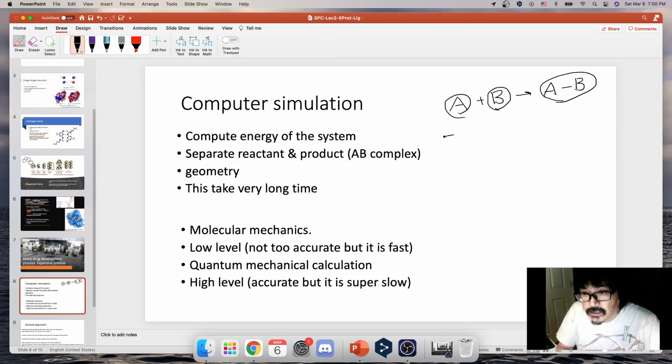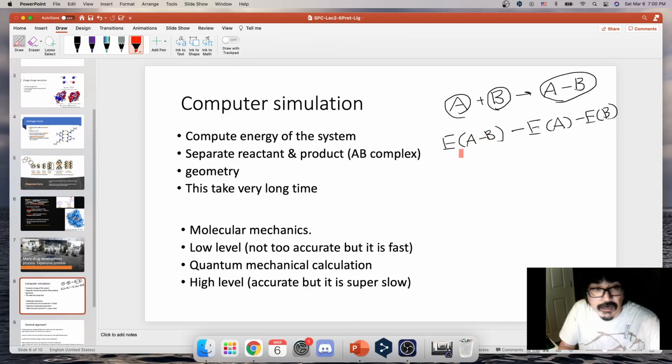If you calculate the energy of the isolated AB complex minus the energy of A minus the energy of B, you can get the binding energy, right? The binding energy of the AB, that difference, should be equal to that portion right here, right? So that way you can calculate the binding energies.